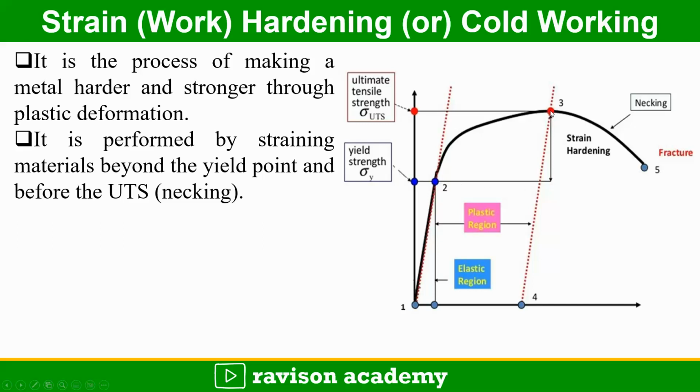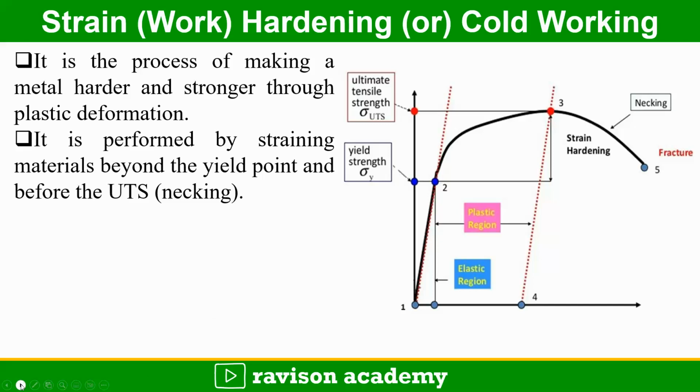In the stress strain curve, between point number 2 and point number 3, that is, between the yield stress and the ultimate tensile stress, if the material is strained continuously, the material gets work hardened. This is called strain hardening or work hardening.